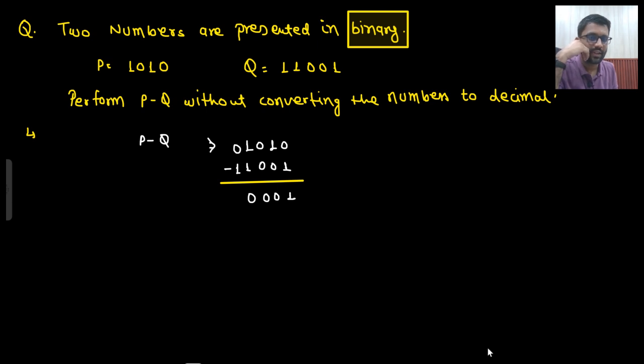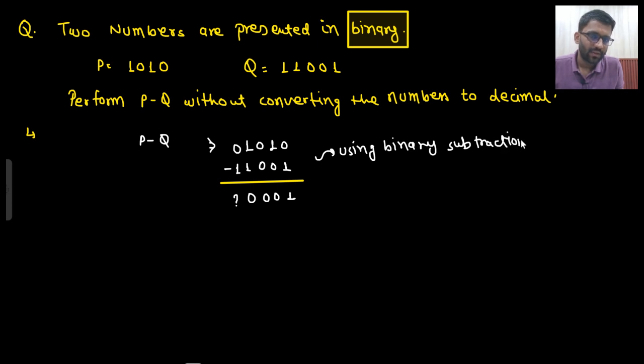So what other methods do you have? You will say, sir, I have one more method. What is that? Sir, I can use 1's complement representation. So if I am doing it using binary subtraction, we are not getting the final answer. But use 1's complement representation.